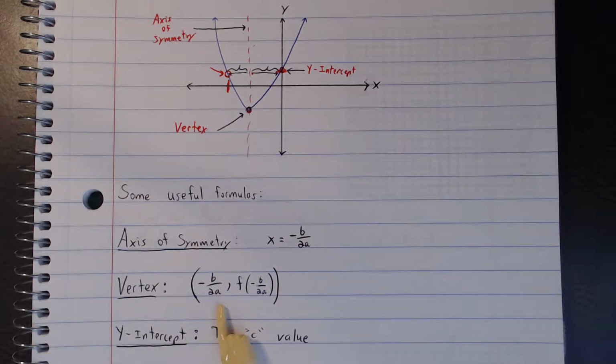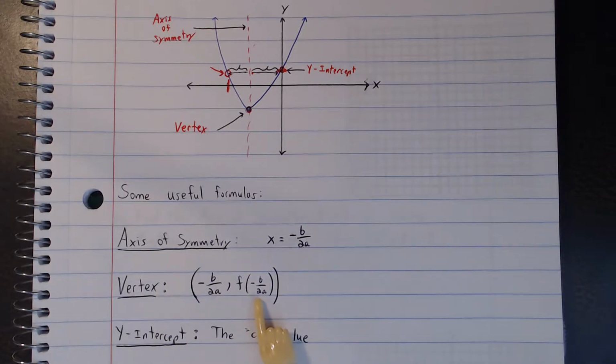So for our vertex formula, it makes sense that our x-coordinate would also be the axis of symmetry. As far as our y-coordinate, we're going to evaluate the original function at x to figure out what y would end up being. So we're just going to evaluate whatever we get here, and that'll be our vertex.